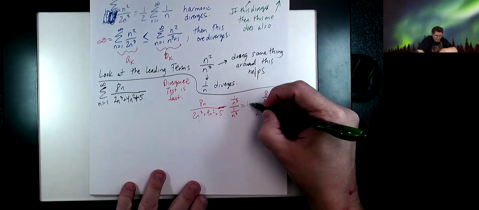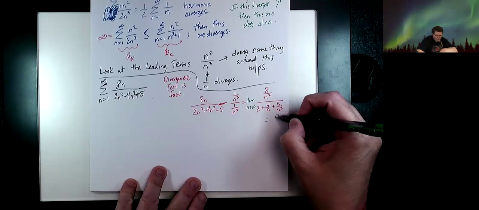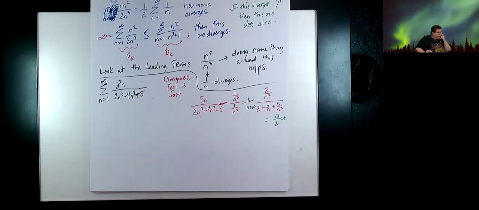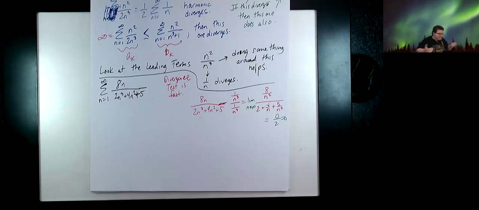If you hit that with the limit, you can see quickly this is going to 0/2, which is 0. And the divergence test doesn't tell us anything if it goes to 0. So the divergence test isn't helpful, but a lot of times you can do that by inspection. With practice, you'll recognize the top is smaller than the bottom, so this is going to go to 0. Right?